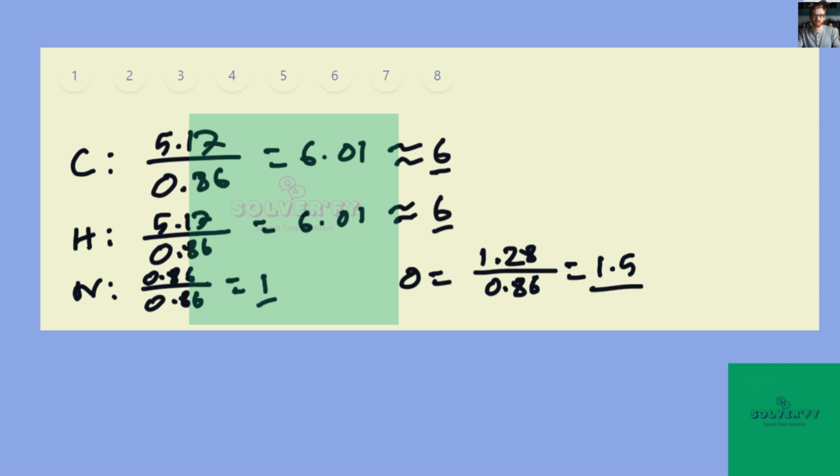But in that case we'll have to multiply each number by 2. So we'll multiply this 6 by 2 to get 12, and for nitrogen it will be 1 times 2 equal to 2.